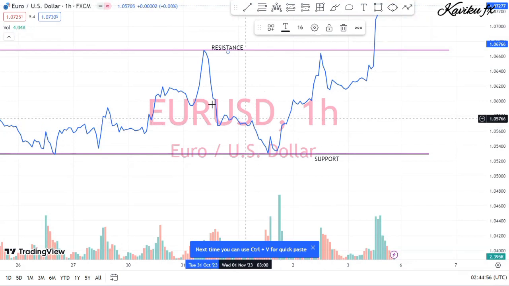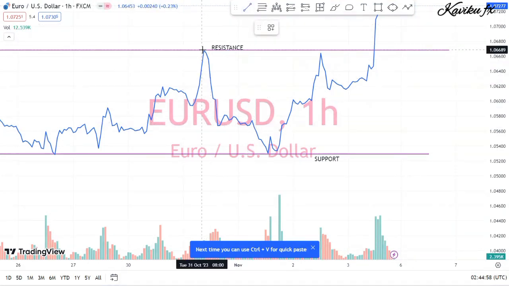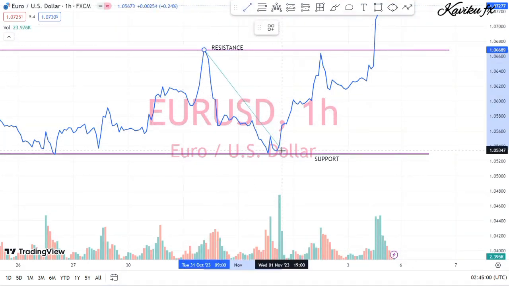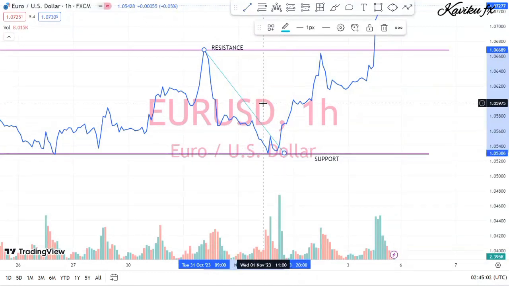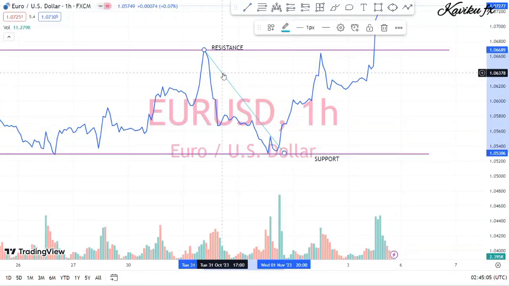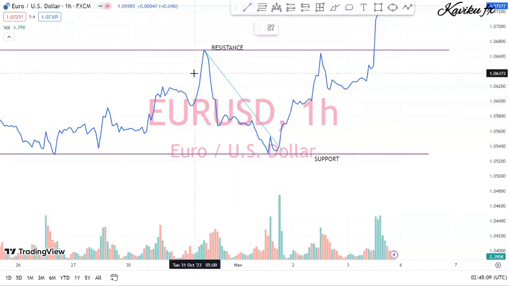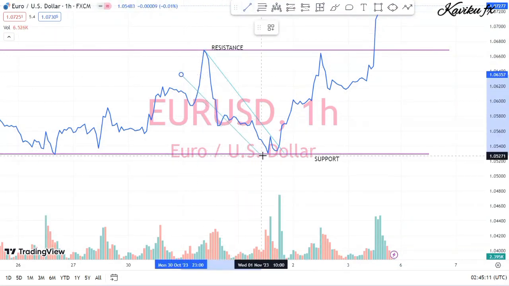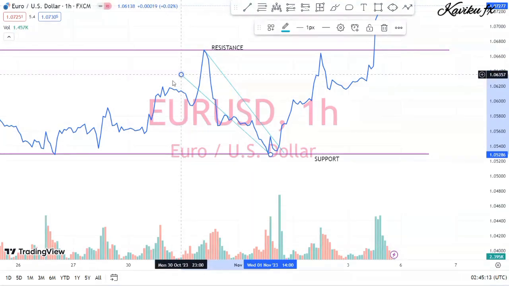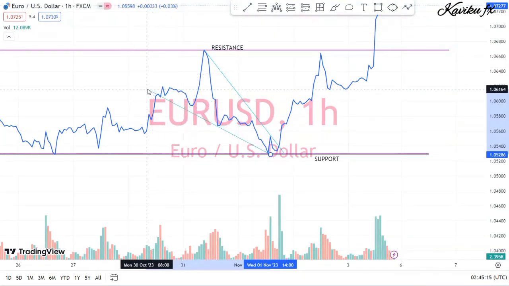So what's happening here? You can draw the trend lines there. This is a resistance. This is a support there, a very strong one.